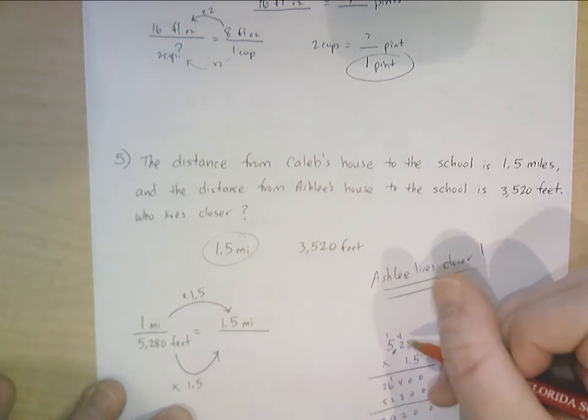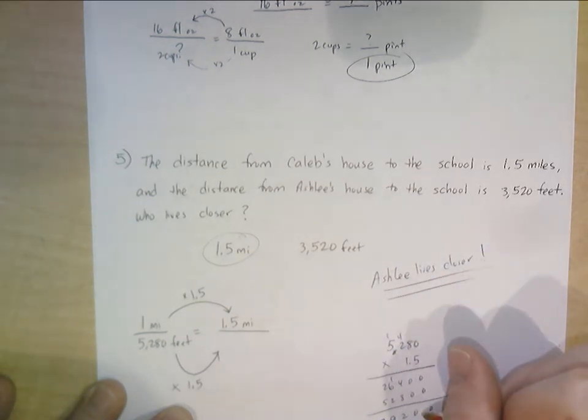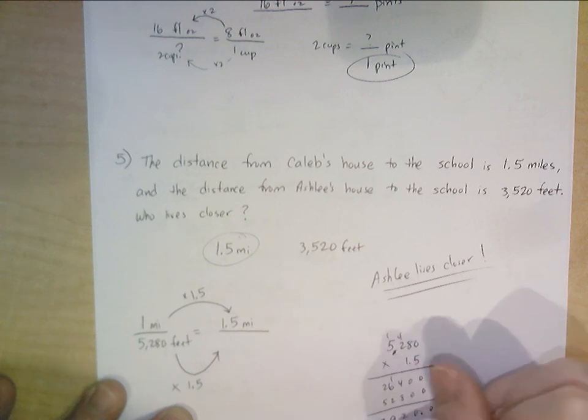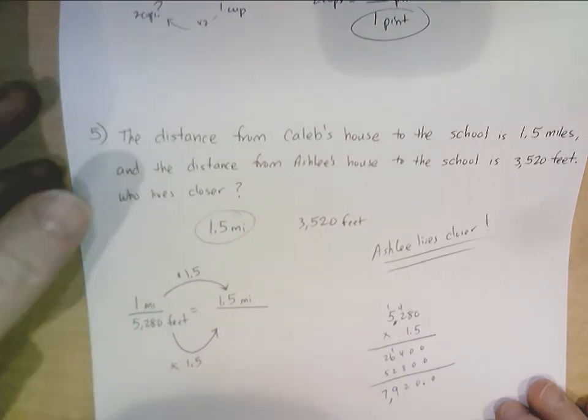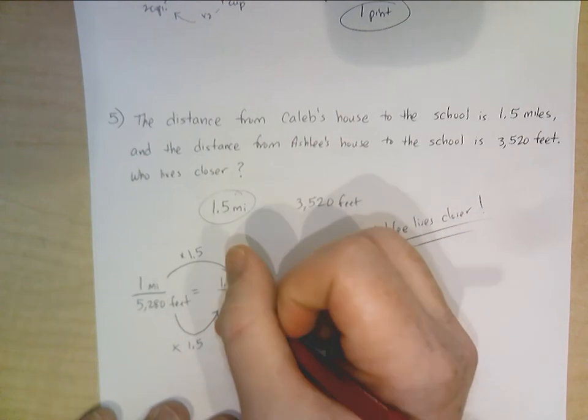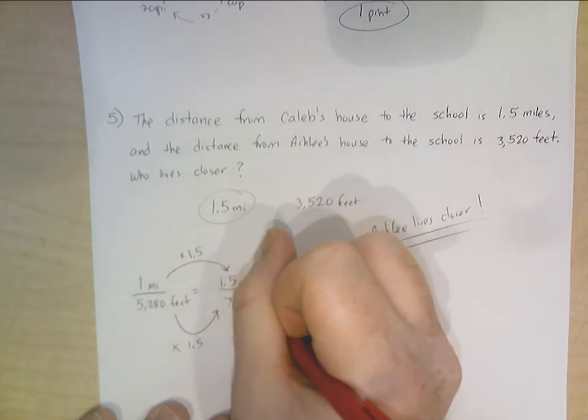That was an apostrophe, my bad. So 1 decimal place. All right, so it's 7,920 feet. Sorry, you couldn't see that. 7,920 feet.